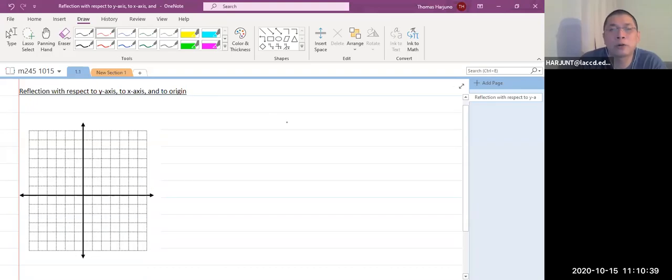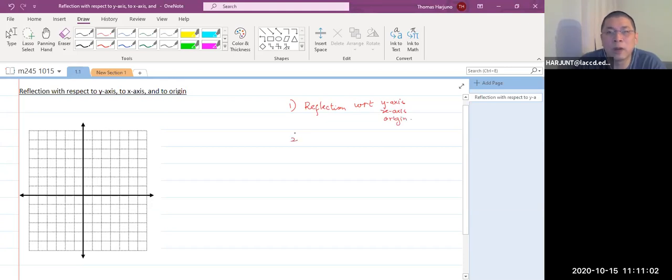What we will cover today, first one is reflection. Reflection with respect to y-axis, x-axis, and origin.